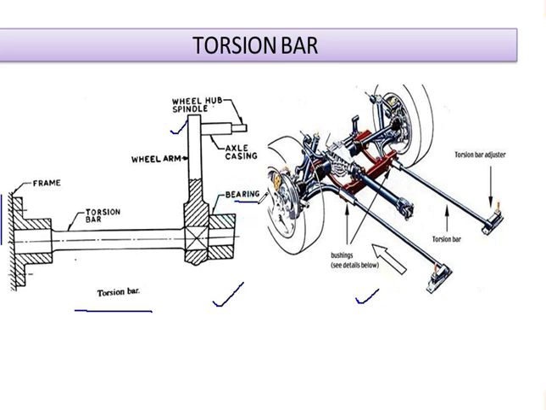The other end of the wheel arm is connected to the wheel hub. When the wheel strikes a bump, it starts vibrating up and down, thus exerting torque on the torsion bar, which acts as a spring. Torsion bar spring is lighter as compared to leaf springs, and also it occupies less space.